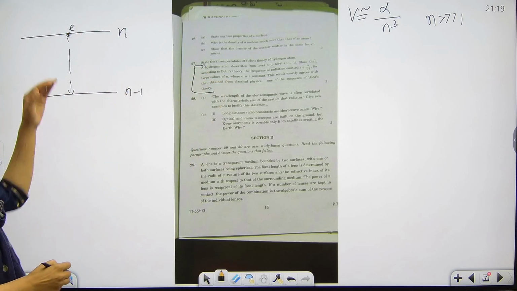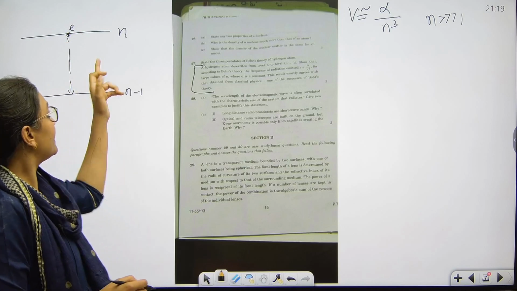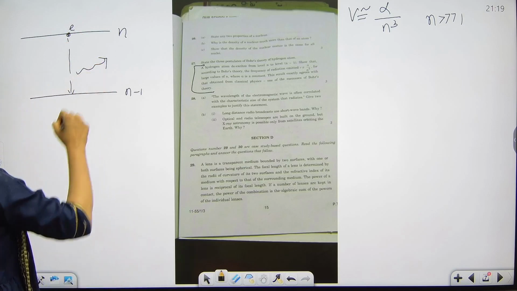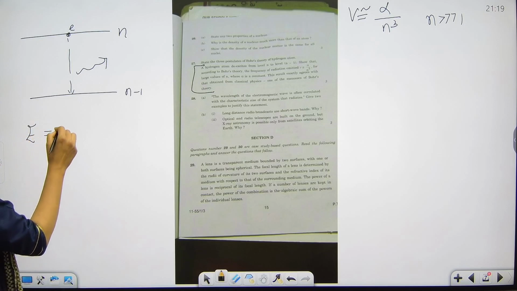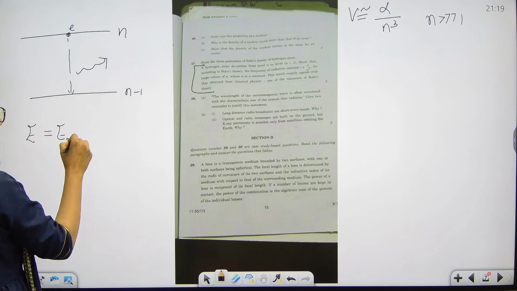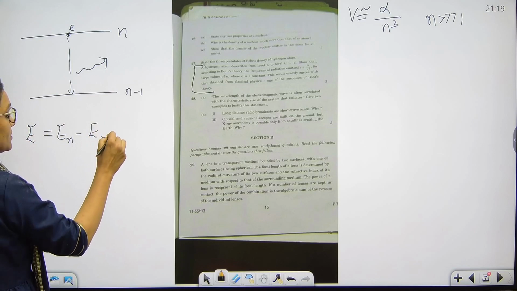So when the electron is coming down, we know that the energy of the emitted radiation can be written as the higher energy state minus the lower energy state's energy.